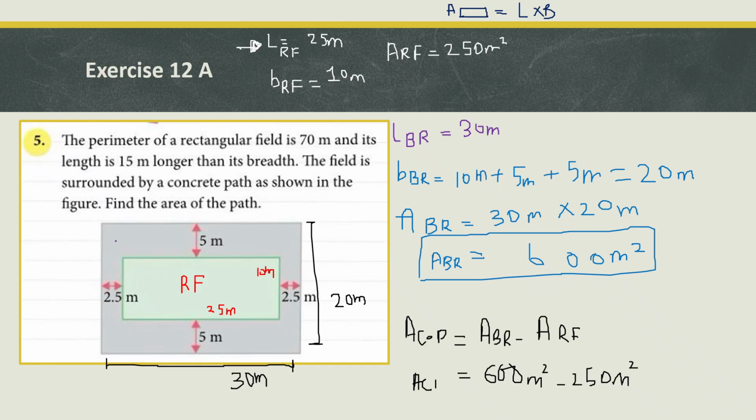So area of concrete path would be nothing but, let me show you the calculation over here.